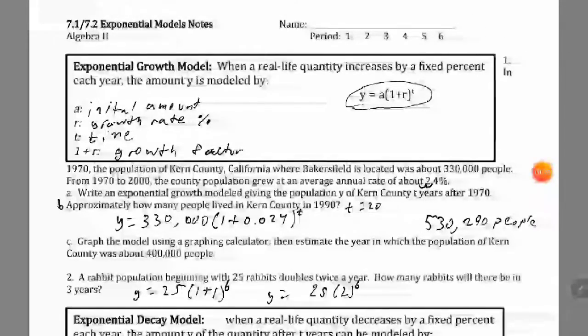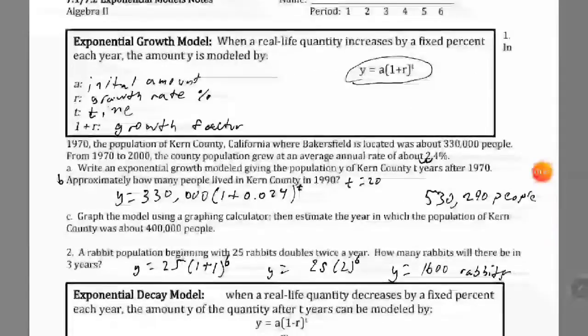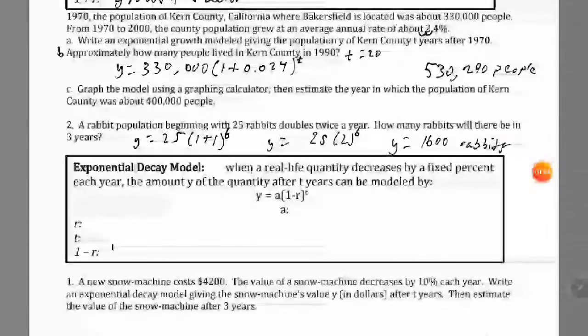So 25 times 2 to the 6 is equal to y equals 1,600 rabbits. So after 3 years, 1,600 rabbits. That's crazy.